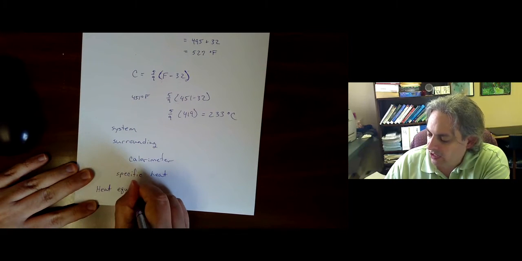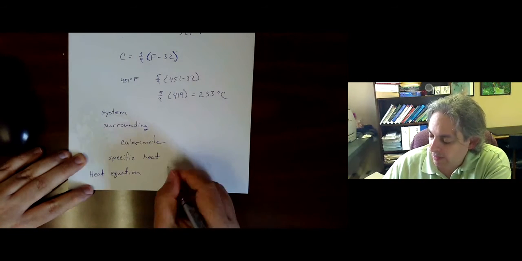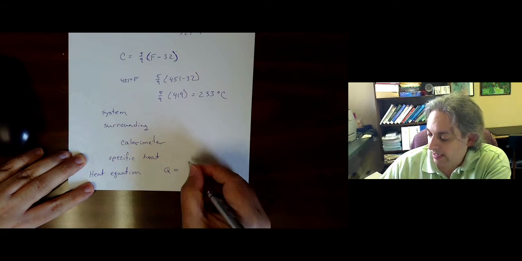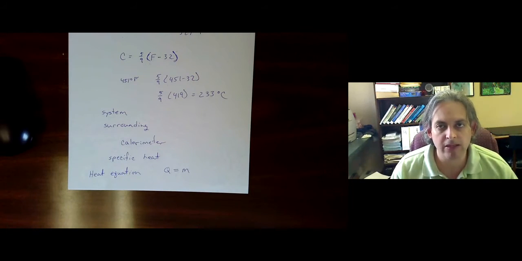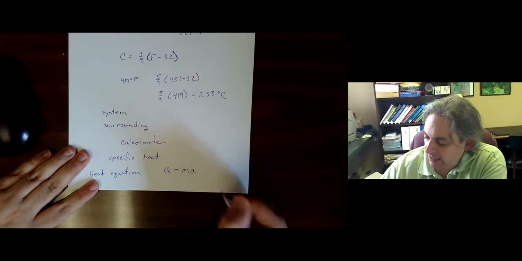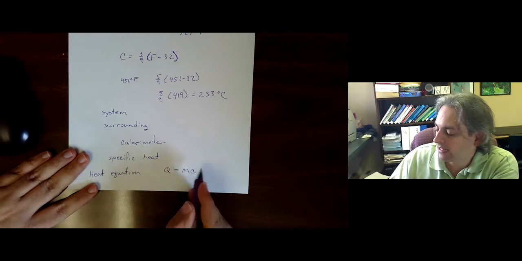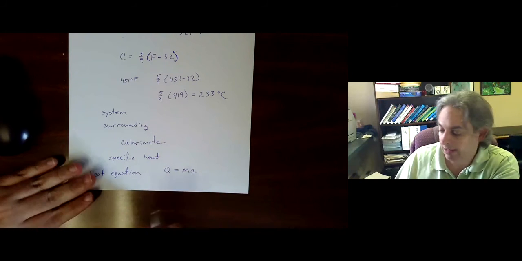The heat equation is a very simple equation. It measures the amount of heat, which we symbolize with the letter Q, and Q is equal to the mass of the substance, times the specific heat, which I'm going to symbolize with the letter C. Some places might say S, but I use C because that's how I learned it.